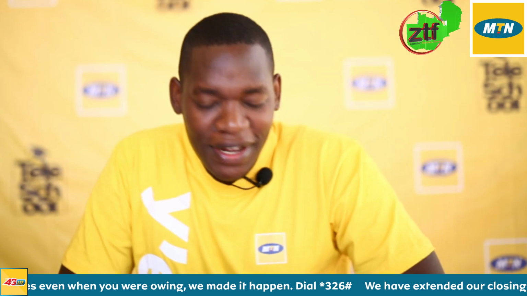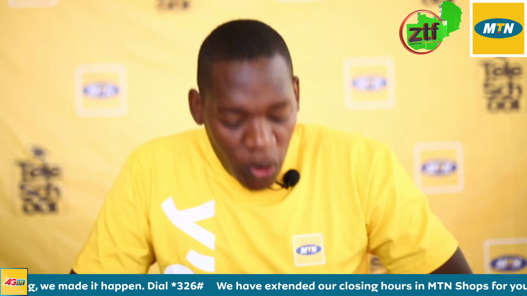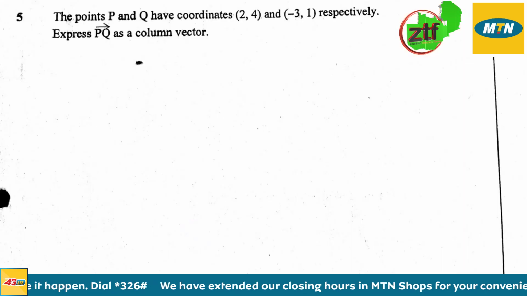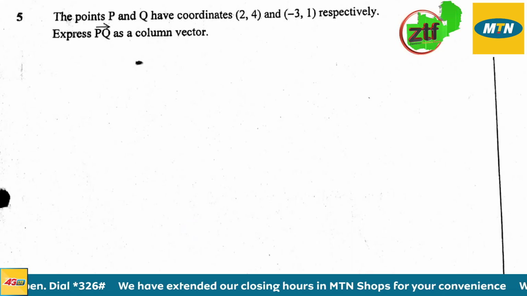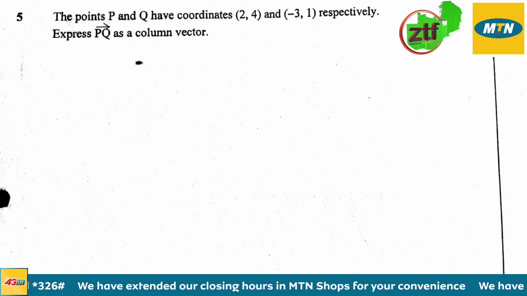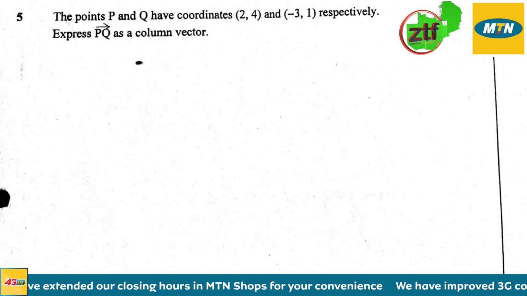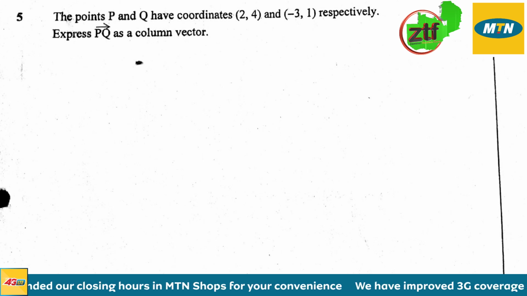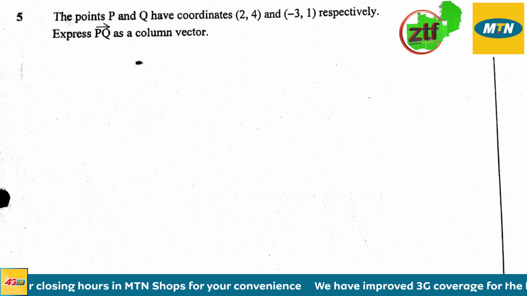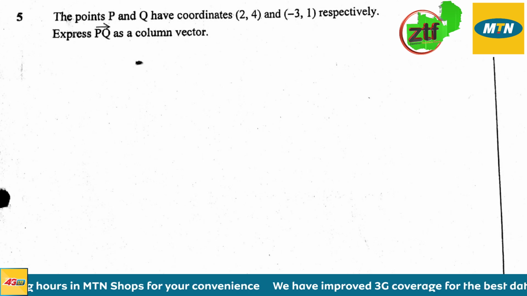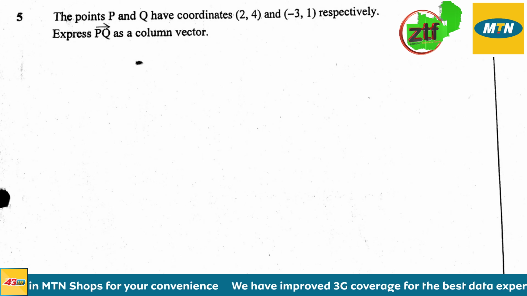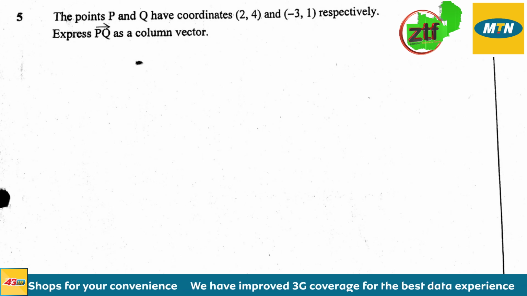Let's look at question number 5. All right, so question number 5: the points P and Q have coordinates 2, 4 and -3, 1 respectively, implying that 2, 4 is the point P and Q is the point -3, 1.